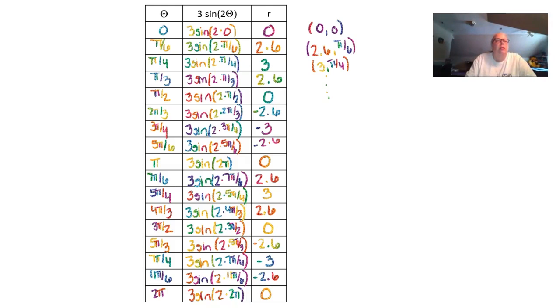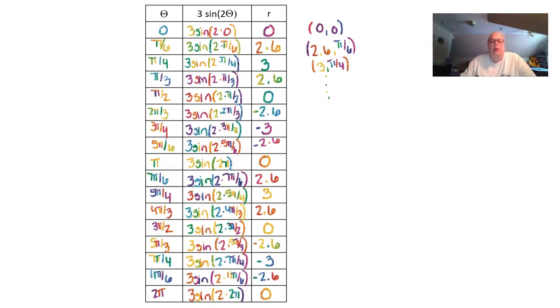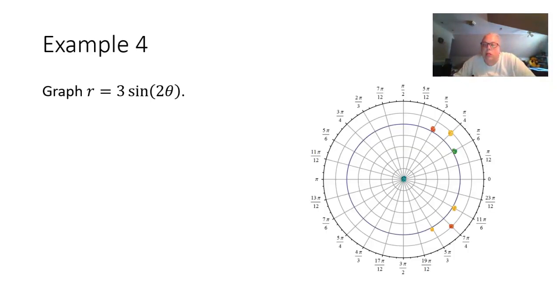Pi over 6 is negative 2.6. Here. 7 pi over 6 is 2.6.